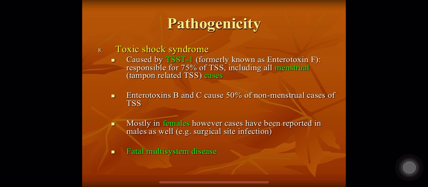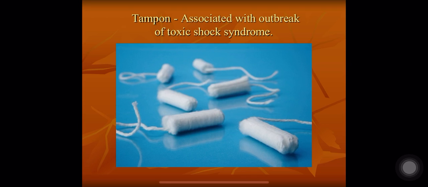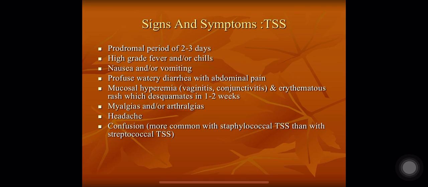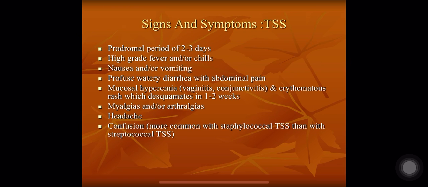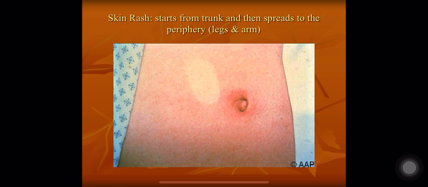It has been seen mostly in females, but less commonly it has been observed even in males. Various signs and symptoms of toxic shock syndrome include nausea, vomiting, watery diarrhea, high-grade fever, prodromal period, mucosal hyperemia, headache, myalgia, confusion, and skin rashes starting from the trunk and then spreading to the periphery.